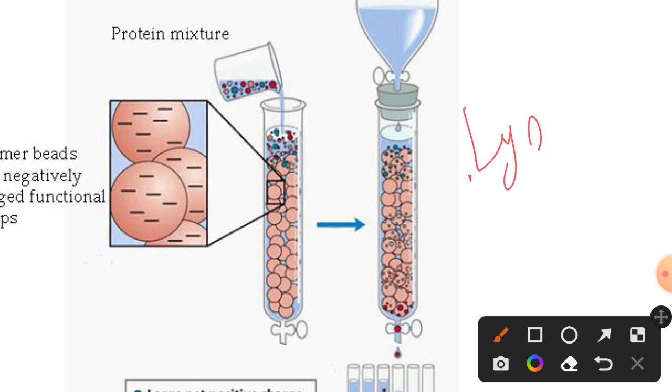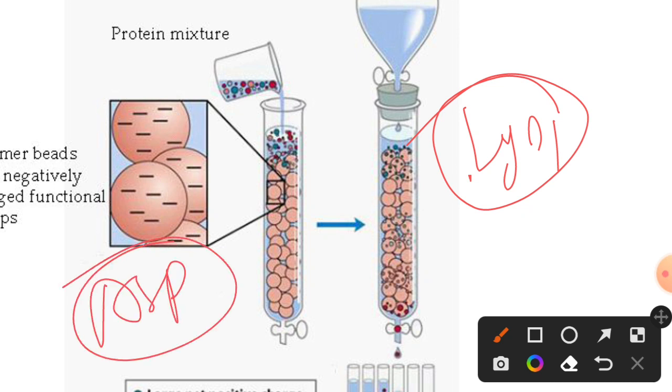Suppose we have a protein which is lysine rich, and along with it a protein which is aspartic acid rich. And here I want to purify the lysine rich protein. So we all know that lysine is a basic amino acid, isn't it?